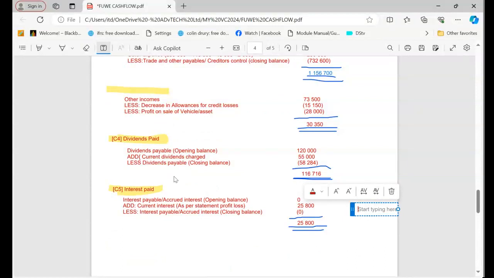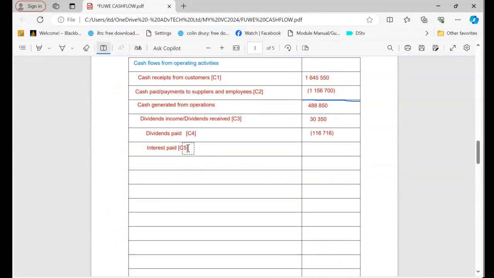This is the interest, so we go and record it there. It's calculation number 5. So we just come here and make sure that we record this interest. It's 25,800.